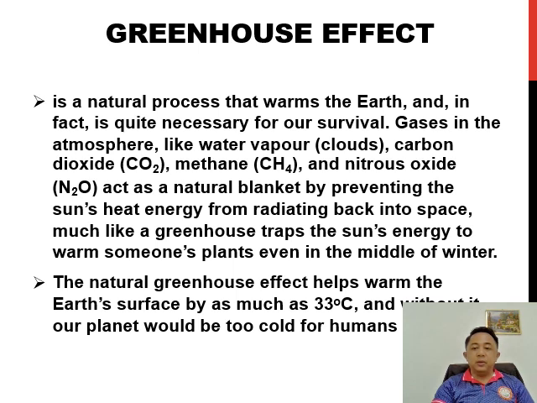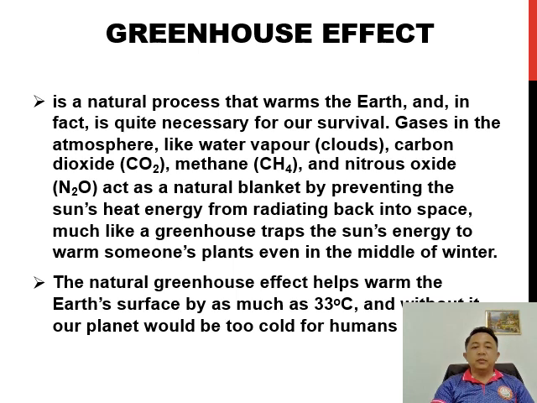This event has already occurred in the past history of our planet, where we call that period the Ice Age. Now, carbon gases, or what we call greenhouse gases, help our planet become much warmer. Most of these greenhouse gases are water vapor, carbon dioxide, methane, and nitrous oxide.